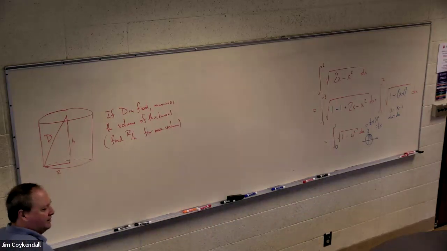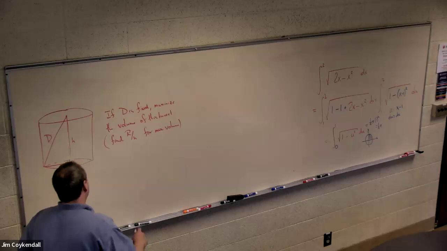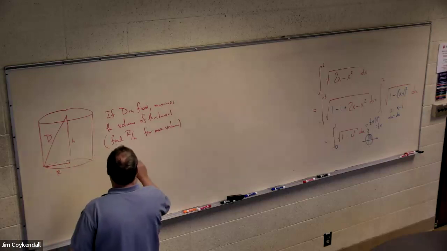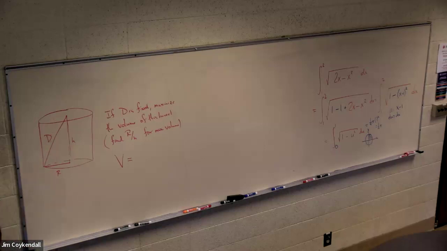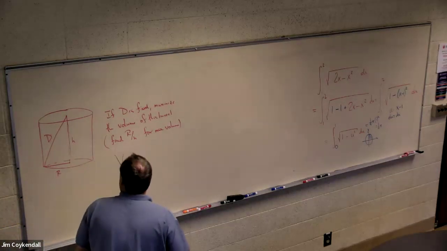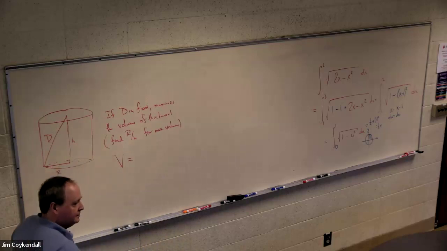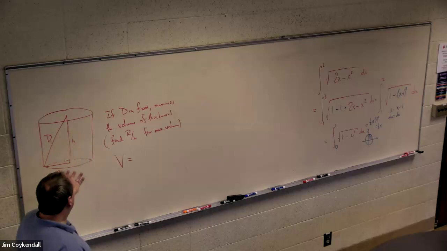So how are we going to figure this out? I guess we can start with what's the volume of the barrel? It's the base times the height, cylindrical kind of thing.